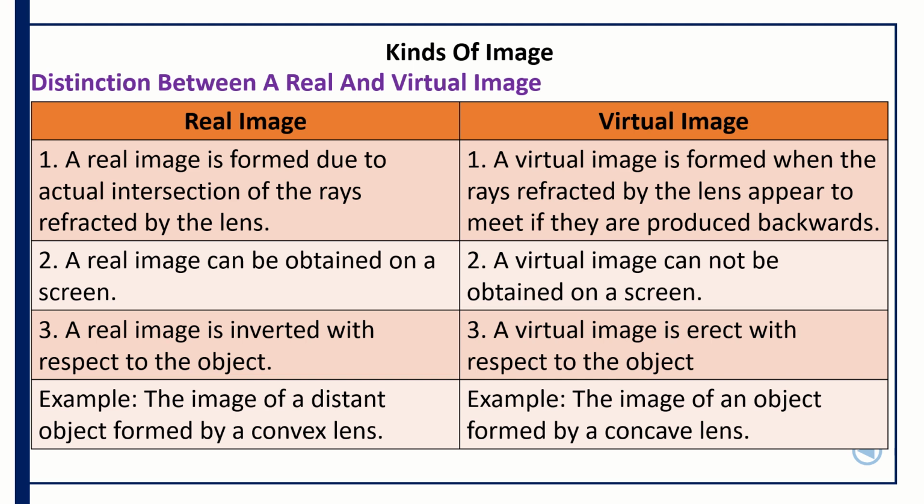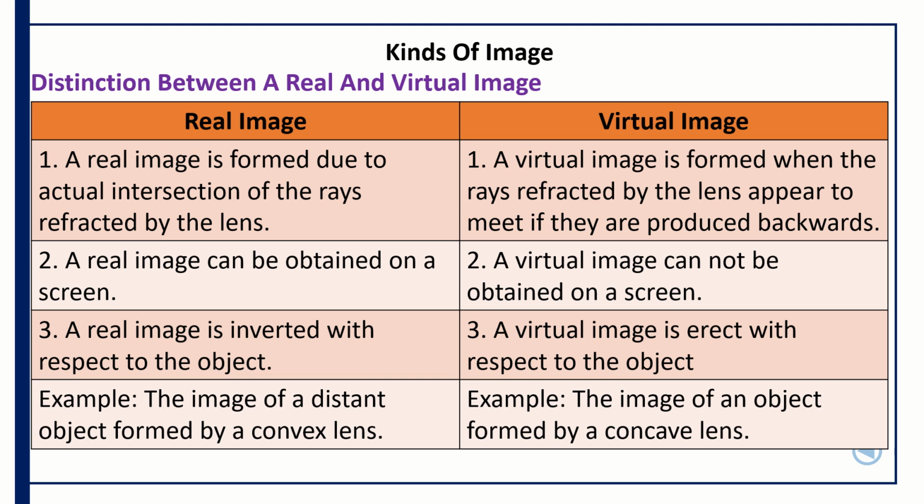A virtual image is formed when the rays refracted by the lens appear to meet, right? They are not actually meeting or intersecting at a certain point. When we extend them back, at that point they are appearing to meet. So they are producing backward images which are virtual in nature.